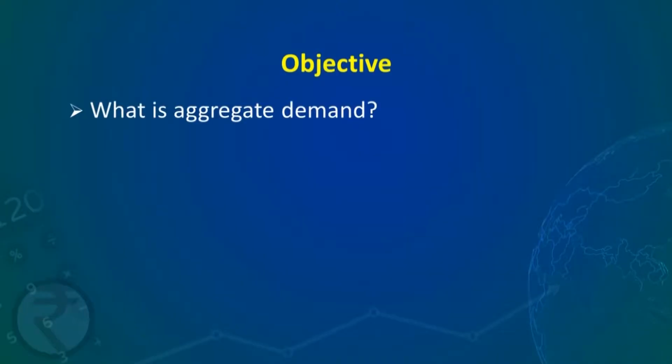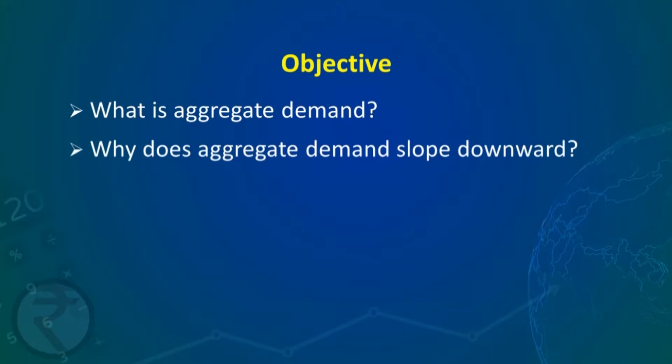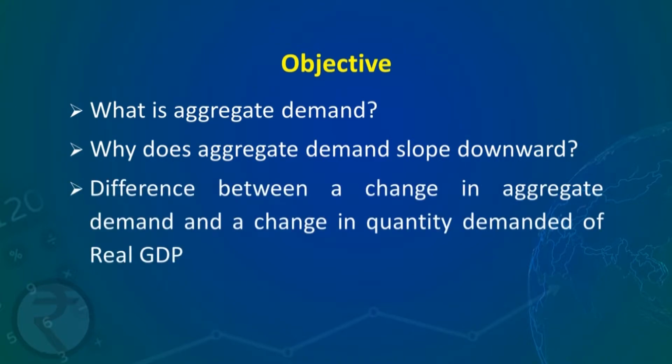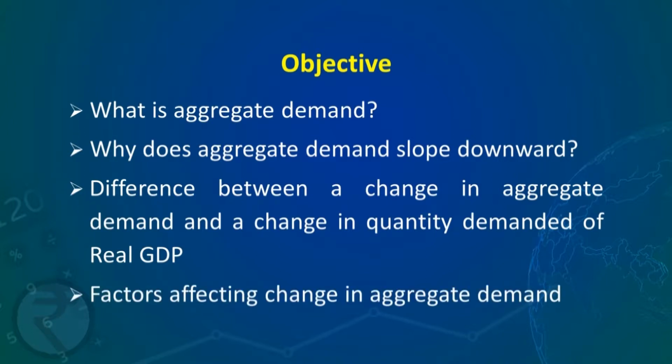Now, the objective of this lecture is to enable you to understand what is aggregate demand, why aggregate demand slopes downward, the difference between a change in aggregate demand and a change in quantity demanded of real GDP, and factors affecting change in aggregate demand.